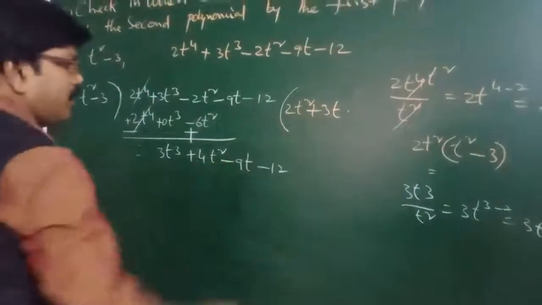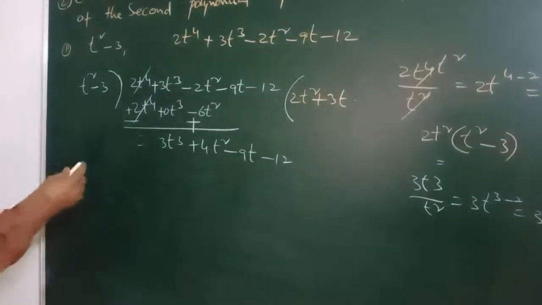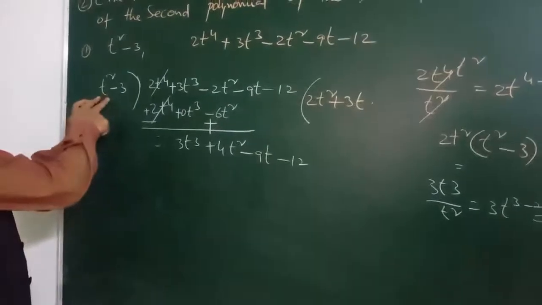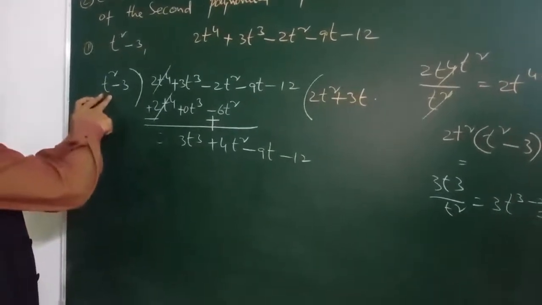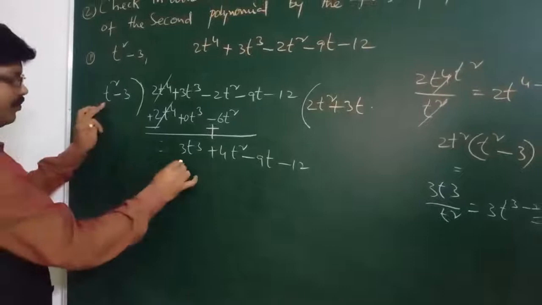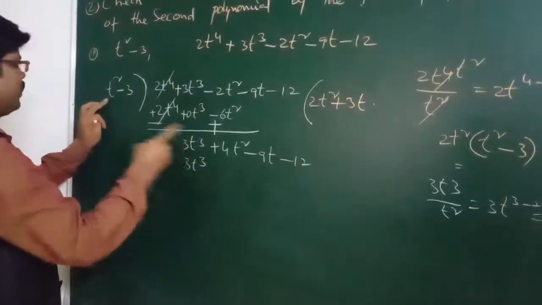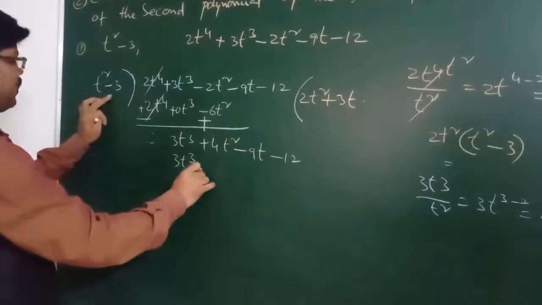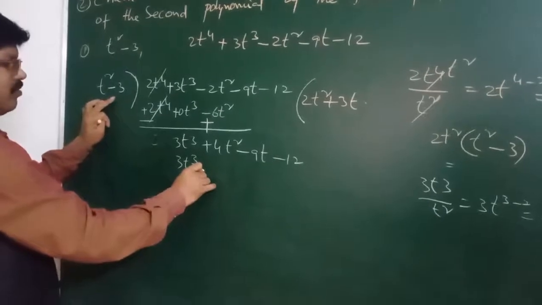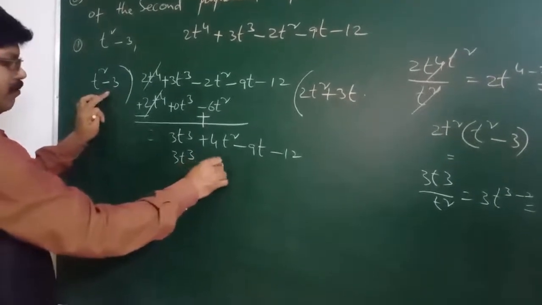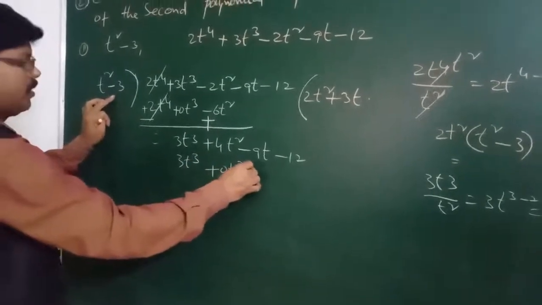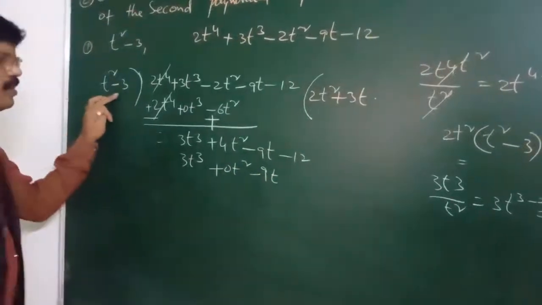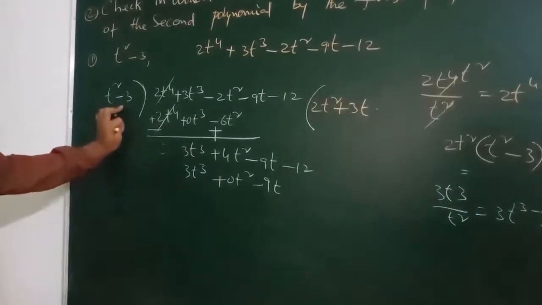Multiply the divisor with 3t. 3t into t square, 3t cube. Plus into minus, minus. 3t into 3, 9t. Plus 0t square. Here minus 9t.